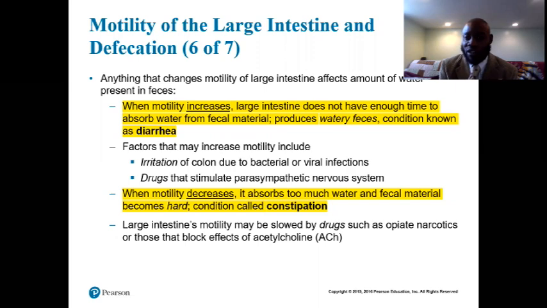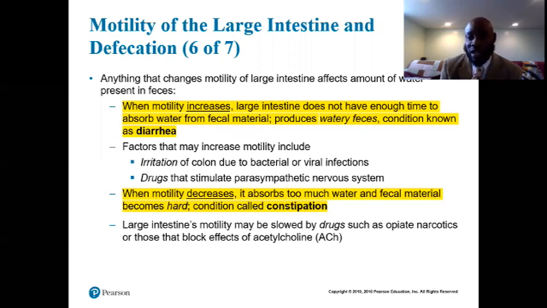All right, watery feces. Hopefully that makes sense. This can be due to irritation of the colon, bacterial or viral infections. Also, certain drugs can stimulate the parasympathetic nervous system and cause fecal matter to move through your intestines faster than it's supposed to.